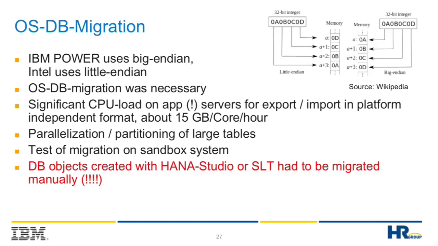Official SAP OSD migration, and probably you saw that before on a slide. I forgot to say that, sorry. At this time, for a migration from HANA on x86 to HANA on Power, SAP had no official migration service available.